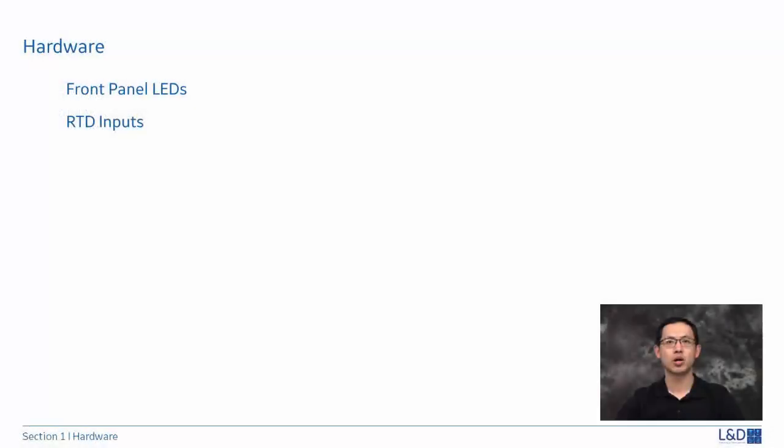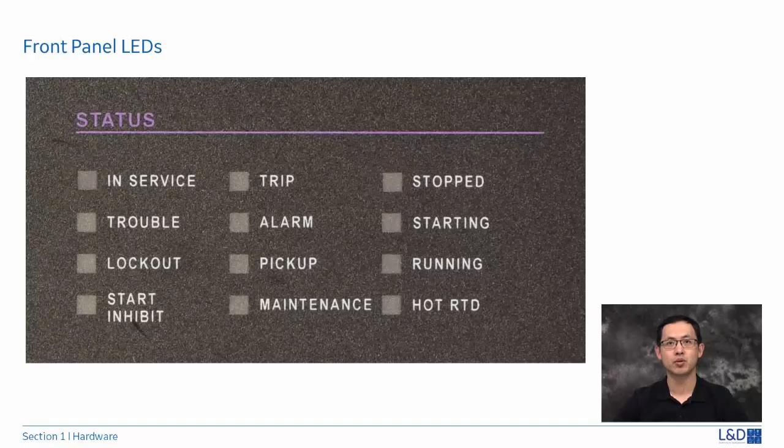In the hardware portion, we will introduce front panel LEDs and RTD inputs. In the 3SP-101 hardware module, we used 350 feeder relay as example to explain the front panel LEDs.